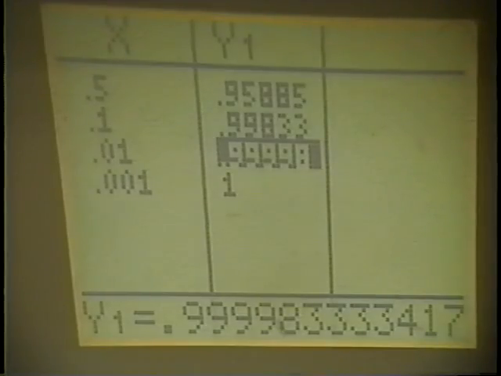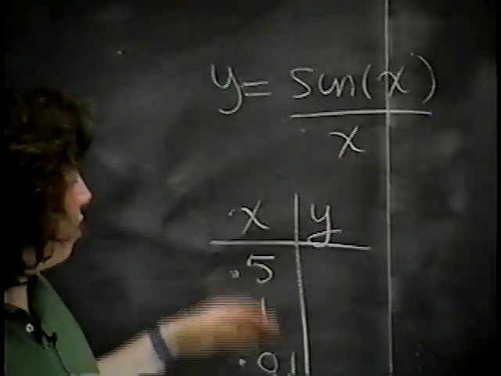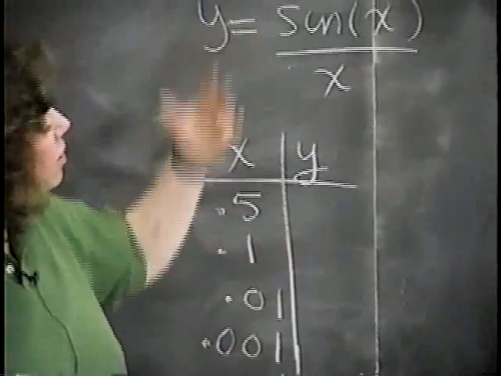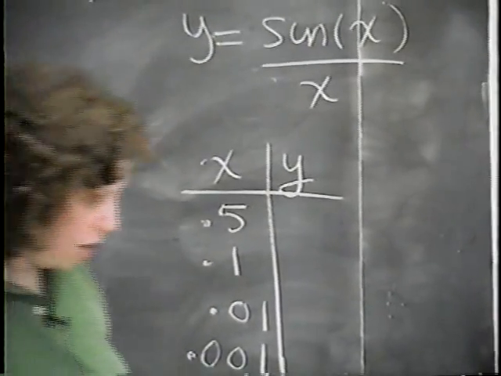So if you want to see more places illuminated, put the cursor on the y value. Okay? And in this manner, you can observe the behavior of functions, and we do a lot of this in calculus when we study limits. You observe the behavior of functions as x takes on certain values, as x approaches certain values. So the calculator can certainly get you this information.